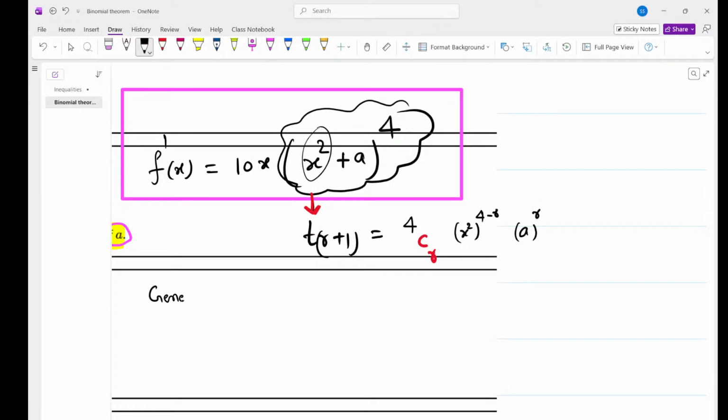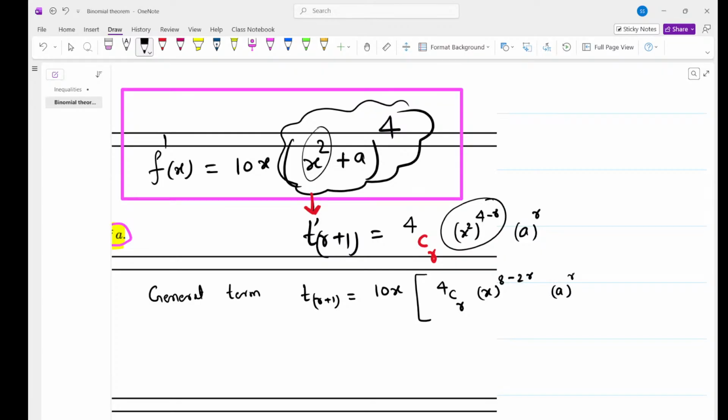Right. Now the general term, or you can write this as T dash, right? So general term I'm writing for this complete series as T r plus 1, isn't it? What we should do? We have to multiply 10x by each and every term of this. So I will multiply this general term also. So we can simplify this x power here. So it should be 8 minus 2r times a raised to power r, isn't it?